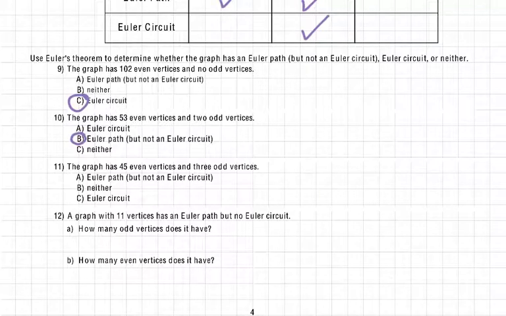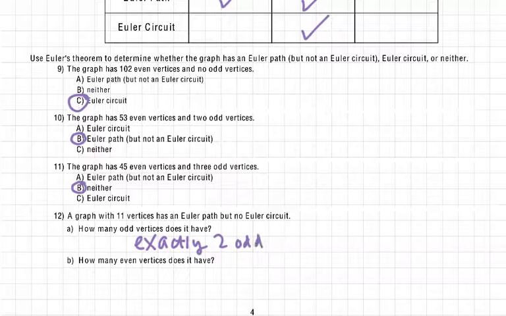Number 11: the graph has 45 even vertices and 3 odd vertices. Based on the third part of Euler's theorem, it would have neither an Euler path nor an Euler circuit. And then lastly, we have a graph with 11 vertices that has an Euler path but no Euler circuit. How many odd vertices does it have? It would have to have exactly 2 odd vertices.